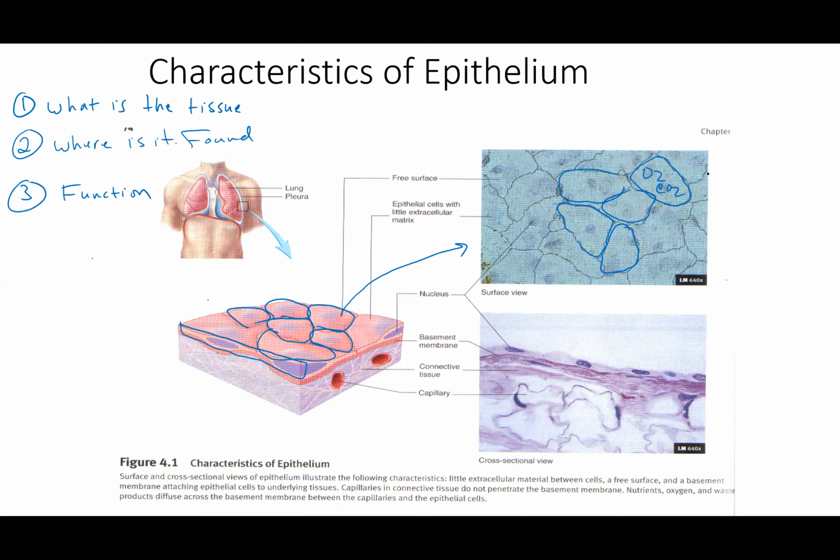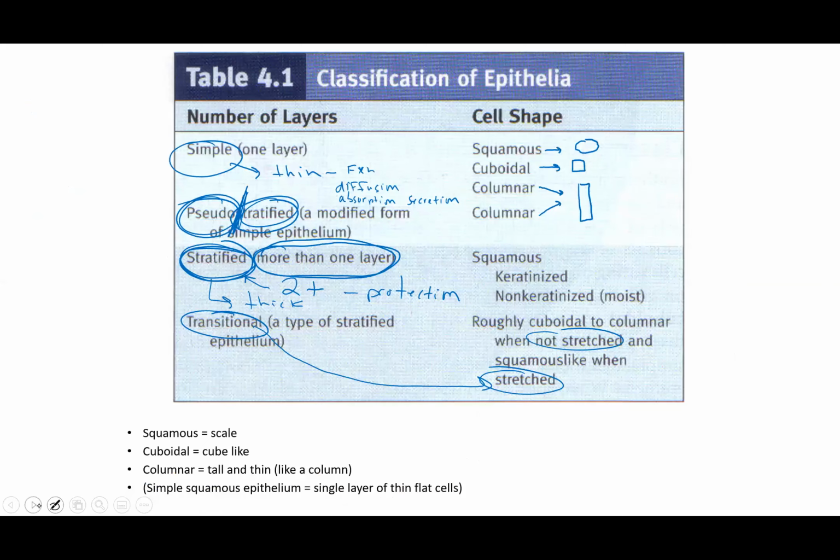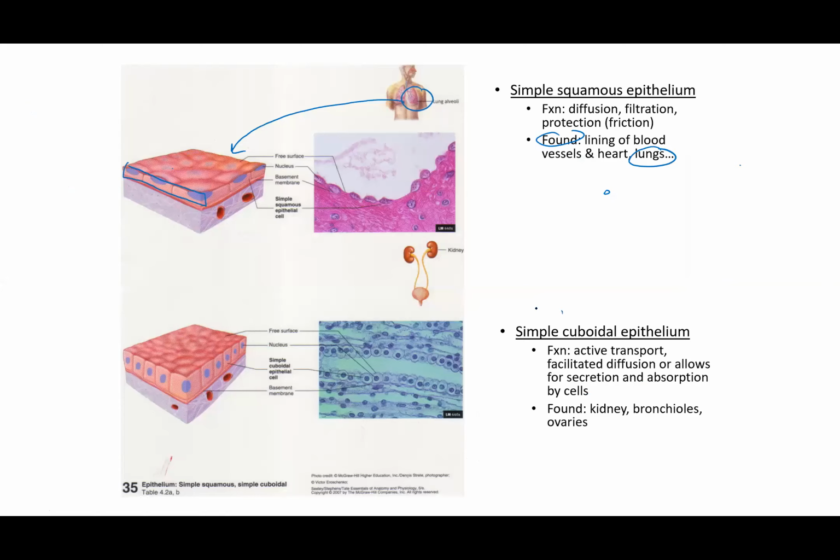All right, hold on one sec. Okay, so let's go back to this one. Okay, the next one, simple cuboidal epithelium. Okay, so simple, one cell layer thin, shaped like a cube.